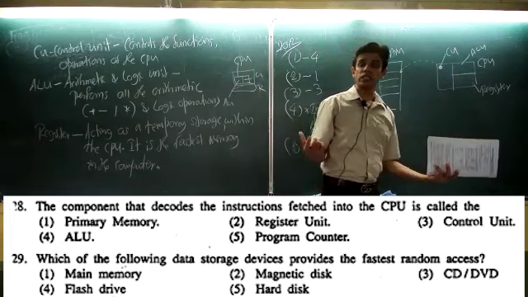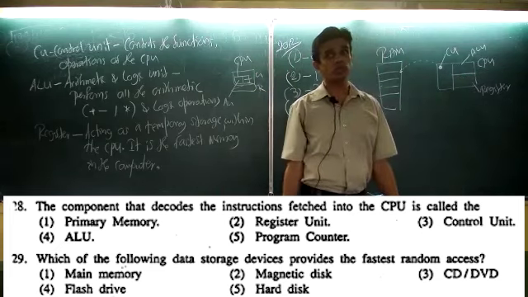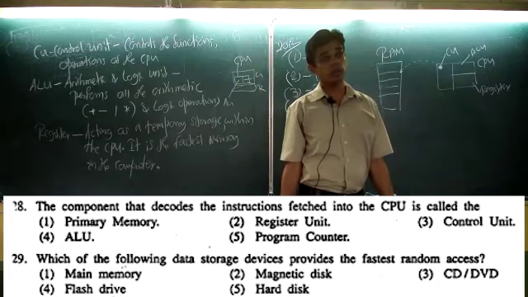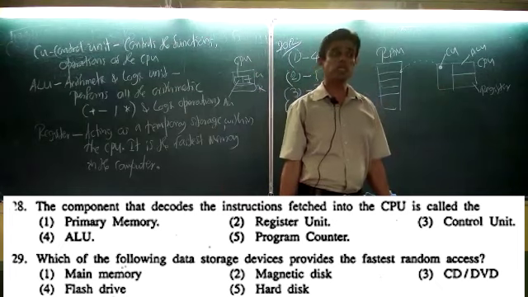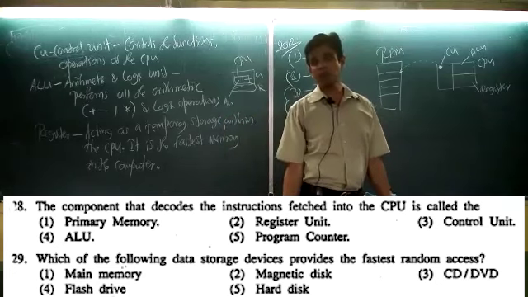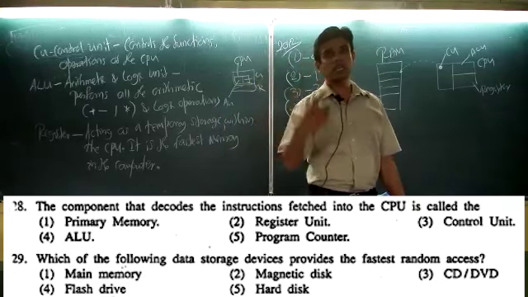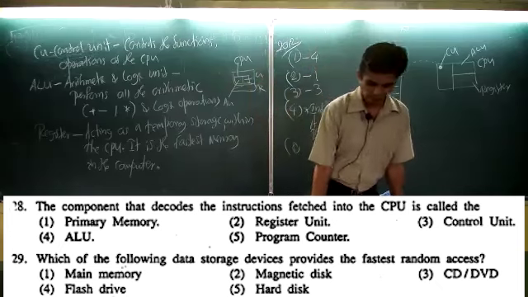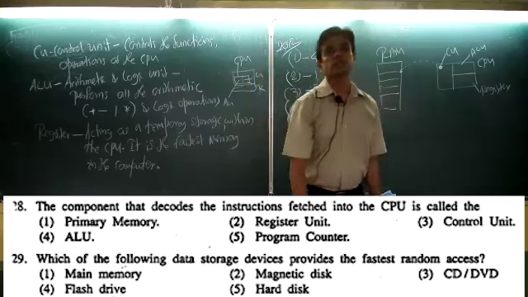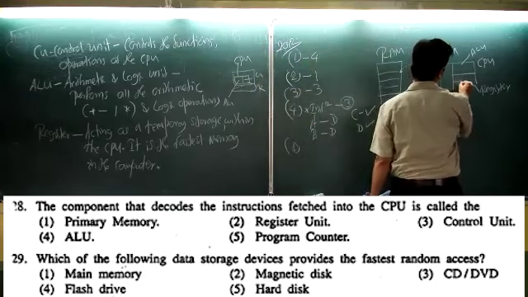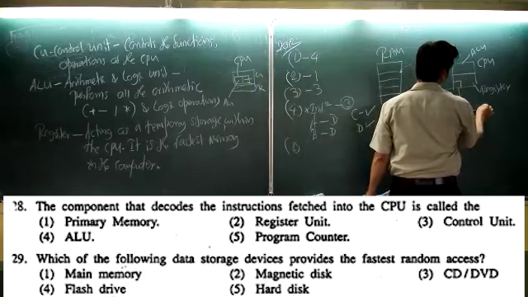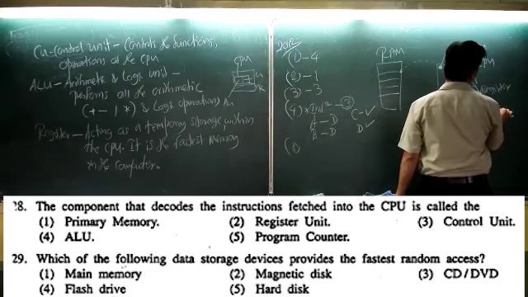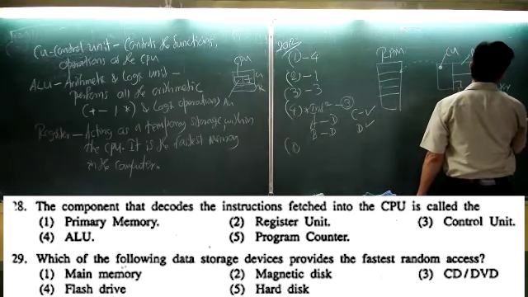In which register is the address of the next instruction stored? You have MAR, MBR, PC, memory buffer register. Which register will keep the address of the next instruction? PC. That is holding the address of the next instruction.